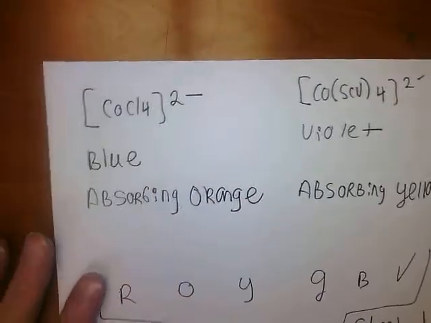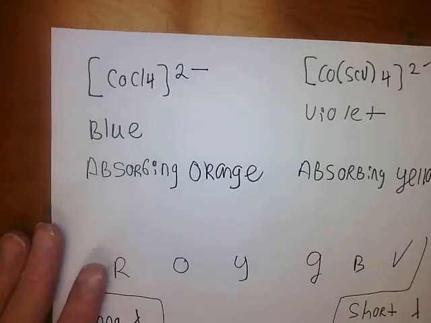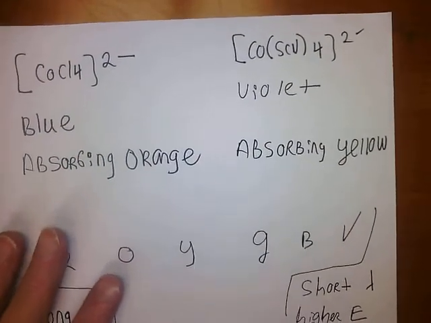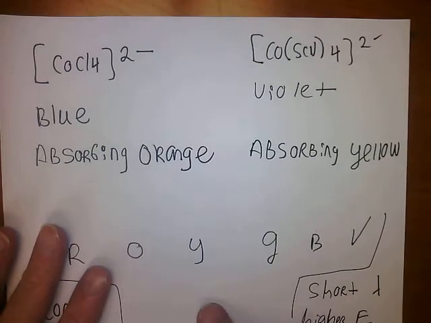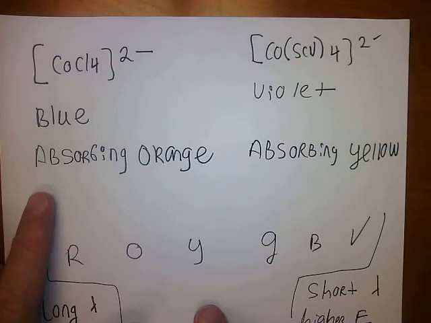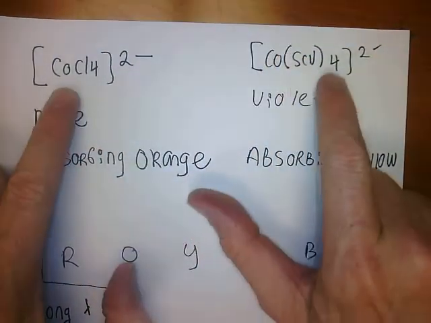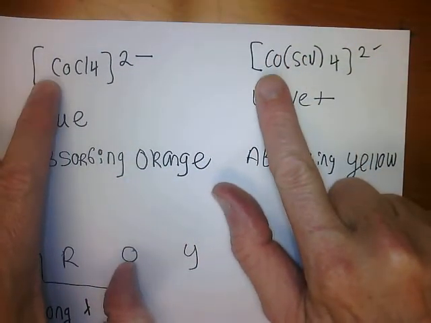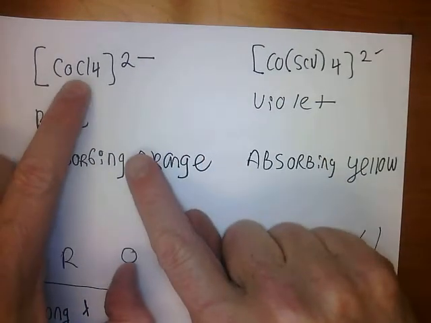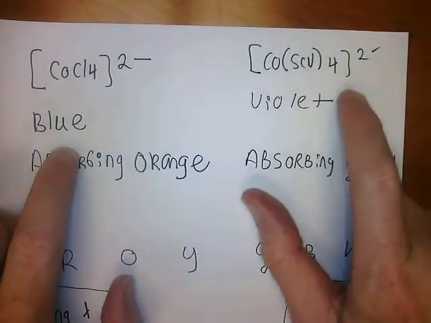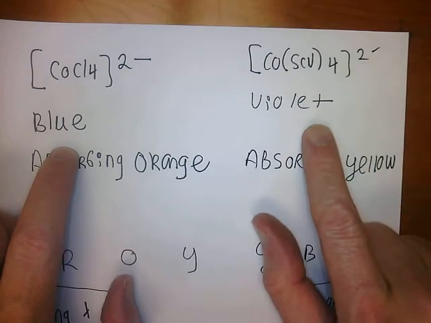Now, we can say something from this last example. We can say something about the spectrochemical series, right? If we look at these last two compounds, they're both cobalt-2 compounds, and they're both tetrahedral. The tetrachlorocobaltate is blue, the tetrathiocyanato is violet.